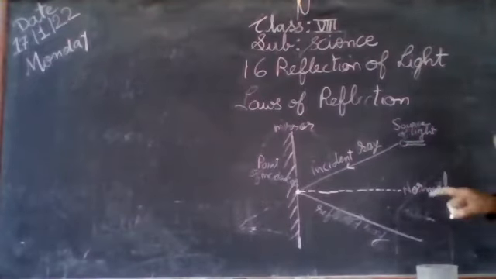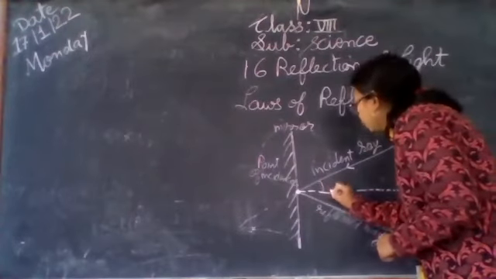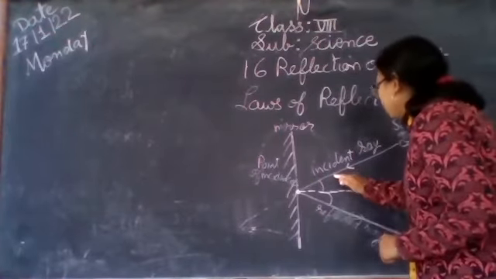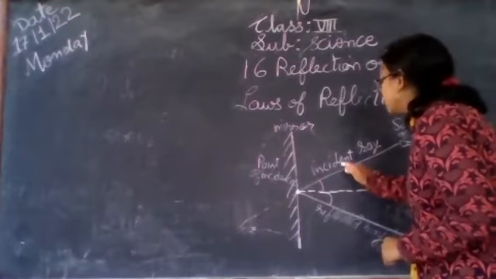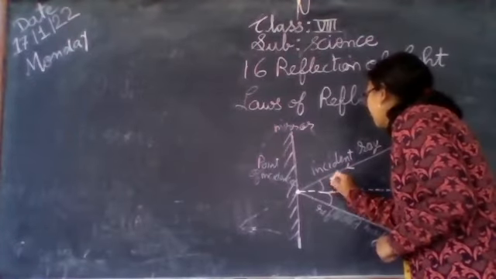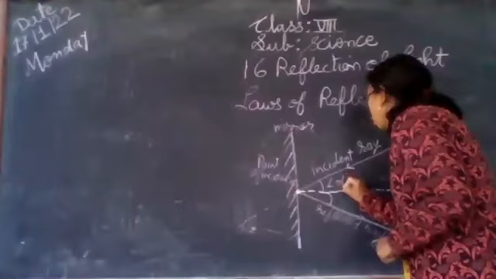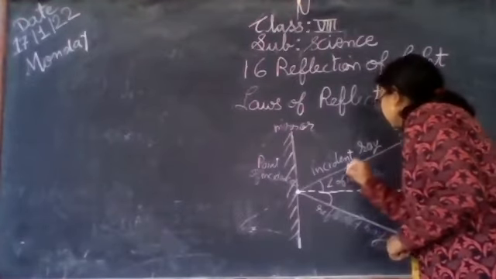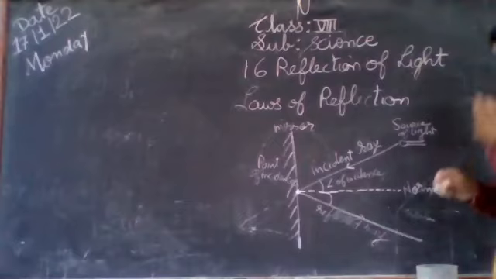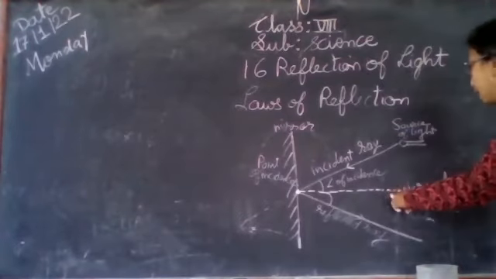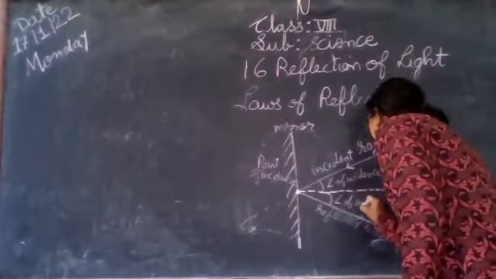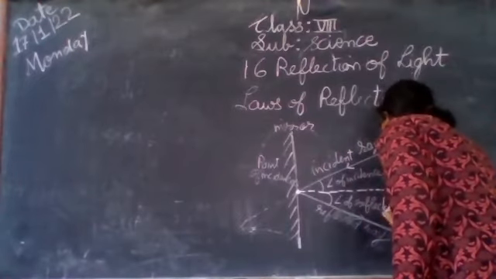Now, because of this imaginary line between the incident ray and the reflected ray, we get two angles. Can you see? The angle between the normal and the incident ray is called the angle of incidence. And the angle formed between the reflected ray and the normal is called the angle of reflection.